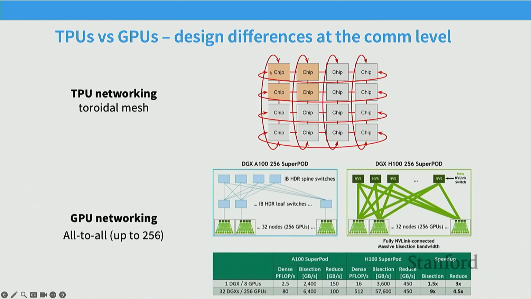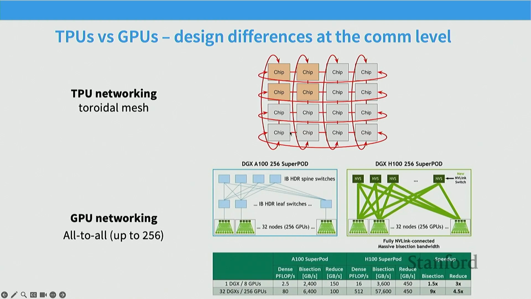On the other hand, if you look at TPU design from Google, they take a very different approach to networking their machines. You've got a single TPU chip, and they all talk to their neighbors very, very quickly. This is a very easily expandable, what they call toroidal mesh, but you can only talk to your neighbors.